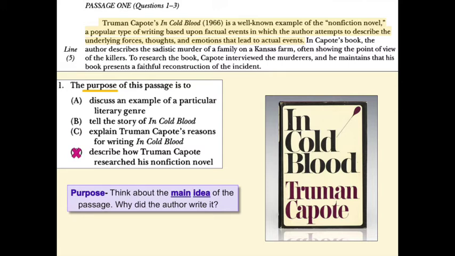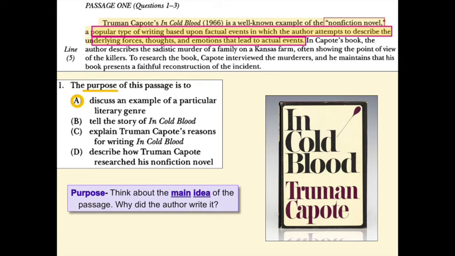And it does not describe how he researched the nonfiction novel. But A is our answer. This first sentence does talk about a particular genre, the genre of the nonfiction novel, and most of the first sentence is about this genre of the nonfiction novel. So the answer is A.